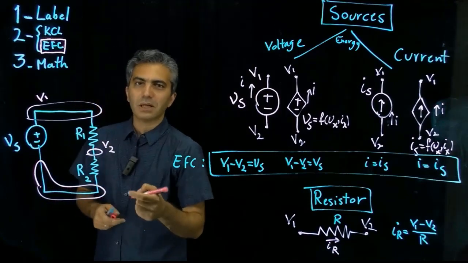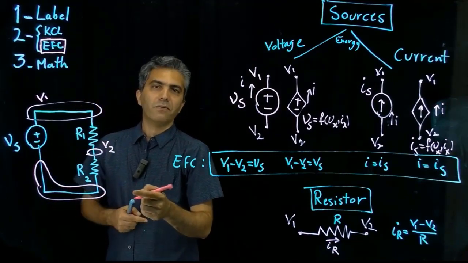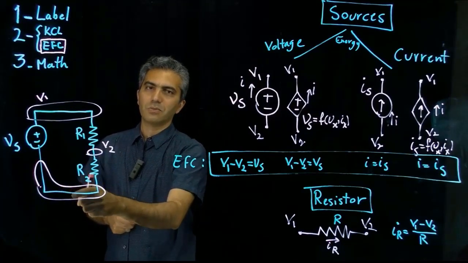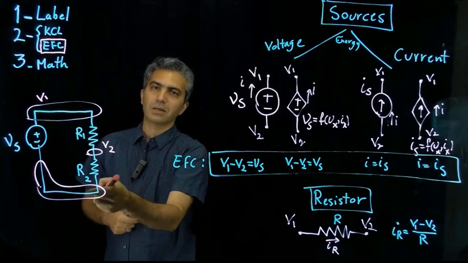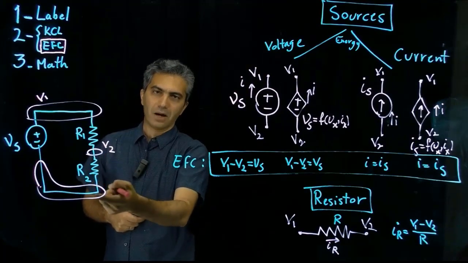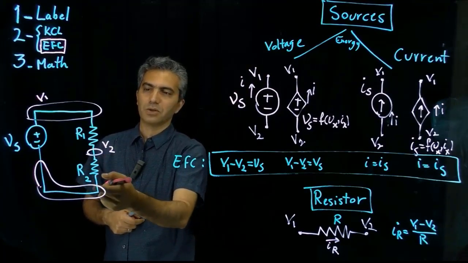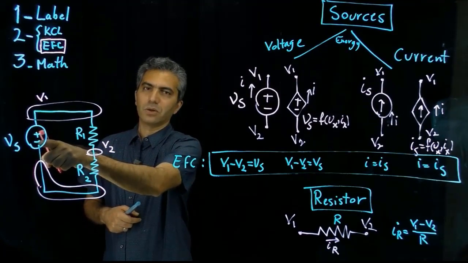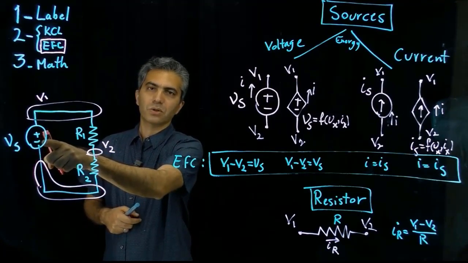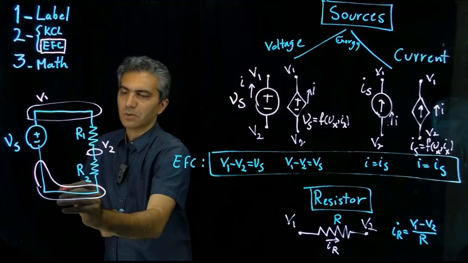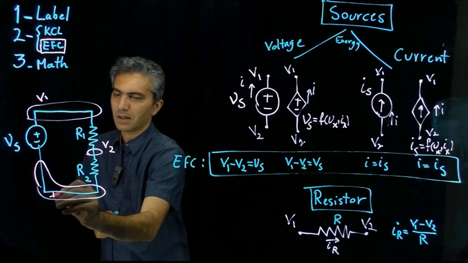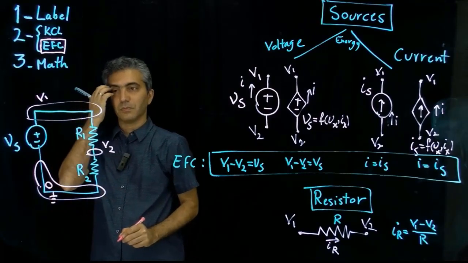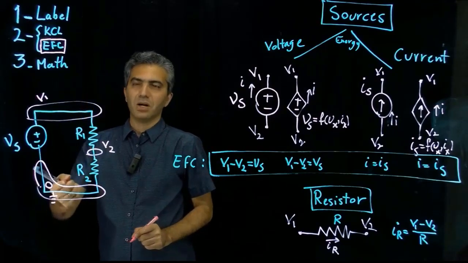It's usually a good idea for the lowest potential in your circuit to be assumed as your ground or zero potential. And in a circuit like this, the negative terminal of your source would be the lowest potential. So you can take that as your ground or zero voltage. Now, does that matter? Not necessarily.